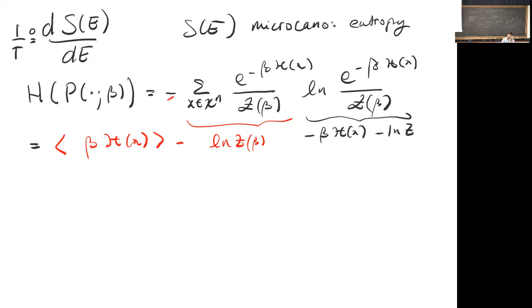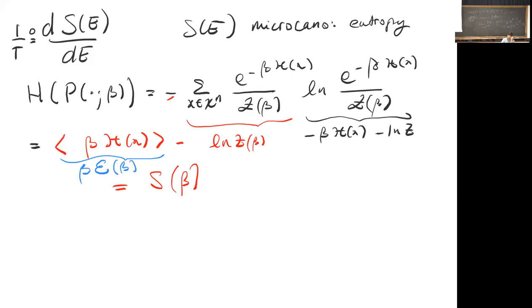All right, and the Shannon entropy of the Gibbs-Boltzmann distribution is the canonical entropy, what we call S beta. And this is the internal energy that we sometimes denote E, and it's a function of beta.